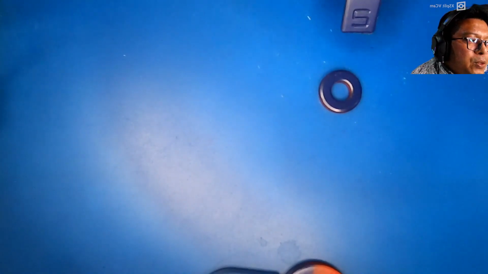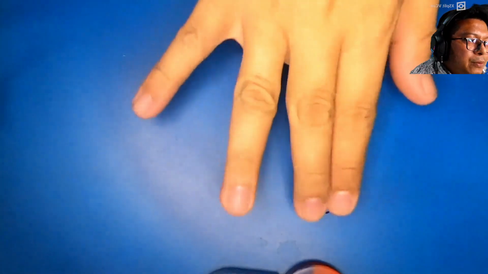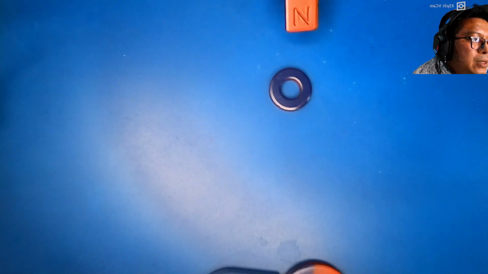Correction, one more time. Blue and blue, like poles. Like poles do not attract each other, they push away. Blue and red, unlike poles, so it will stick, attract the magnet.